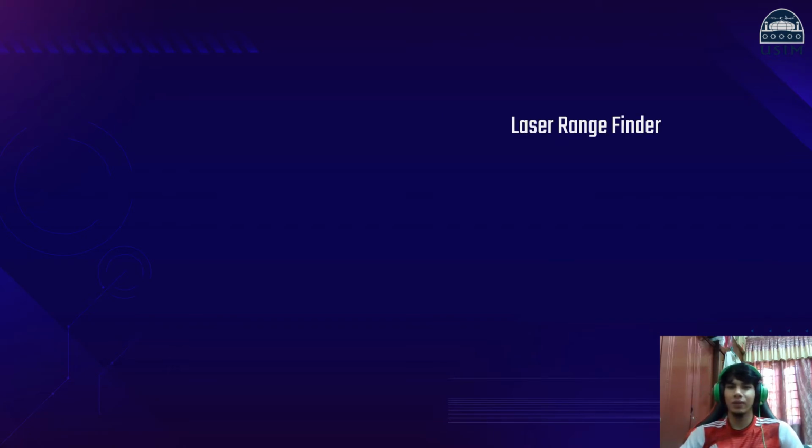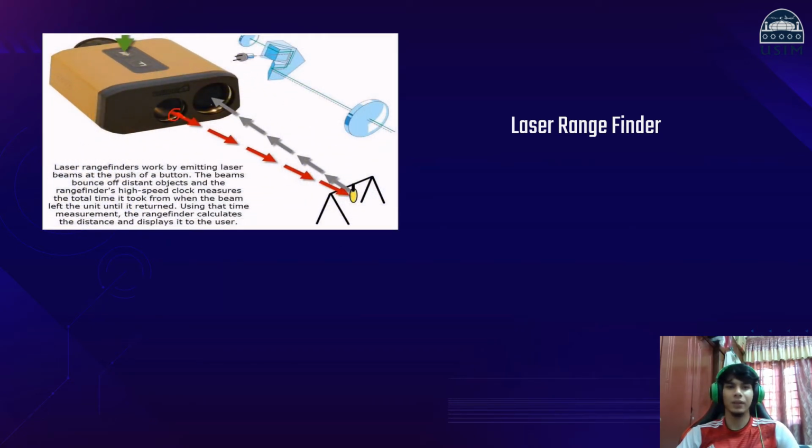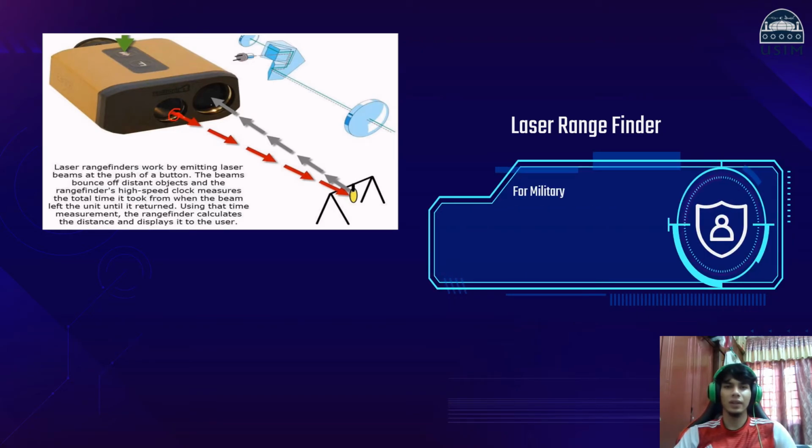So we move to the second application, which is the laser rangefinder. Here is an example of a laser rangefinder. This is a device that works by emitting a laser beam, and there is a button to turn it on and off. This device is used to measure distance.